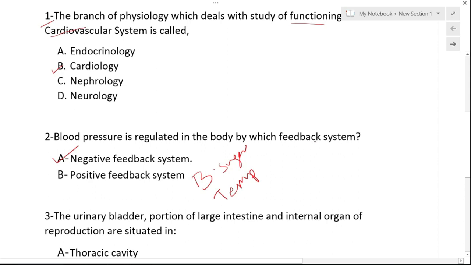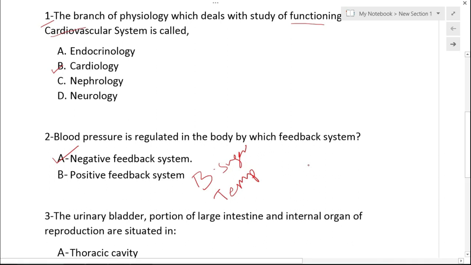Now we will see the examples for positive feedback system. The classical example for positive feedback system is contraction in childbirth. During labor, the release of oxytocin from the posterior pituitary gland is a good example for positive feedback system.